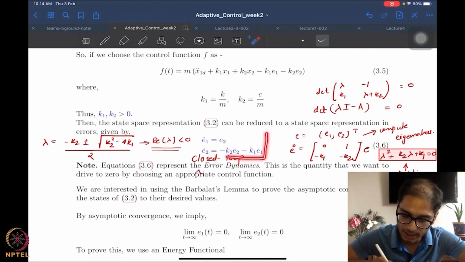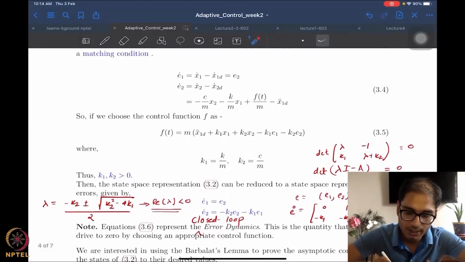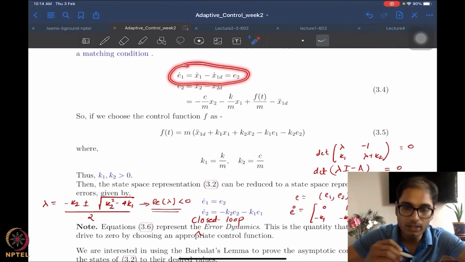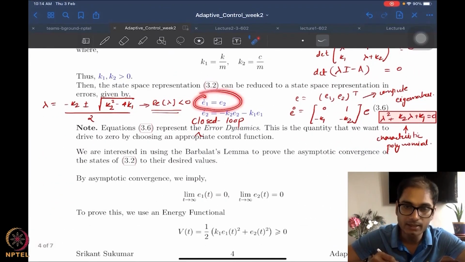So we create this target system which is sort of compatible with the original system, in the sense that in the original system also we had e1 dot equals e2, right? And so we have the same in the target system.